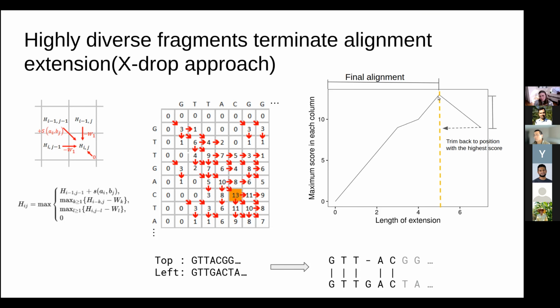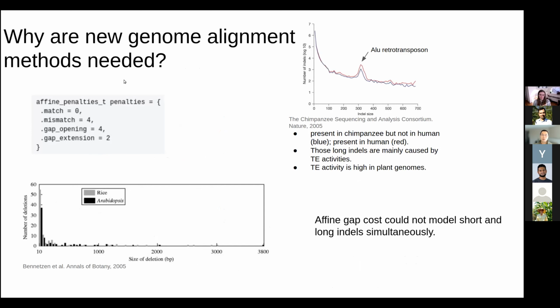Another problem we find is that, in general, we use affine gap penalties to perform alignment. If you look into the parameters of BLAST or BWA, they all have these kinds of parameters.